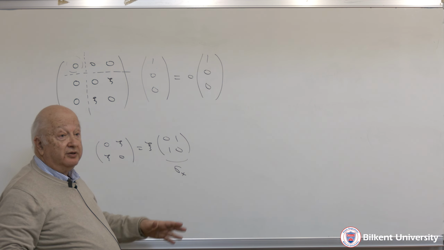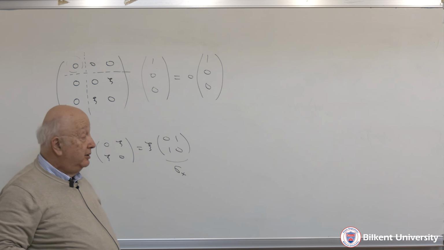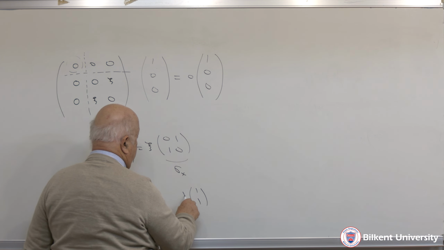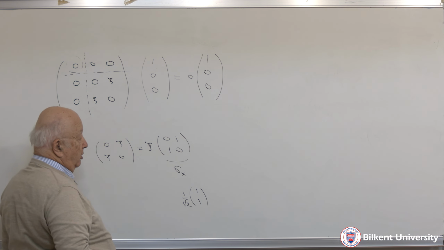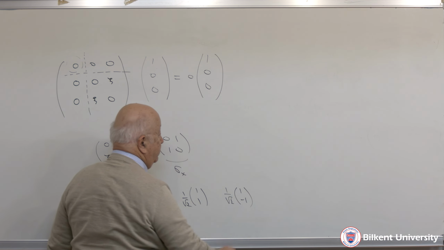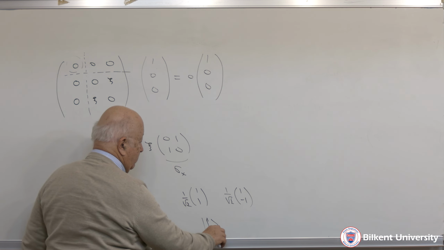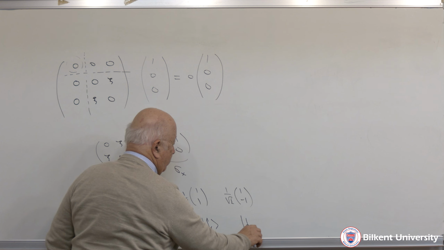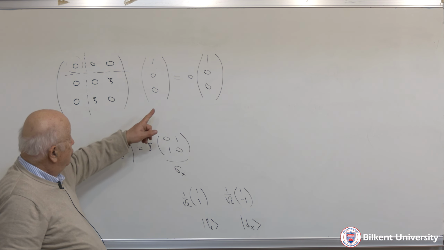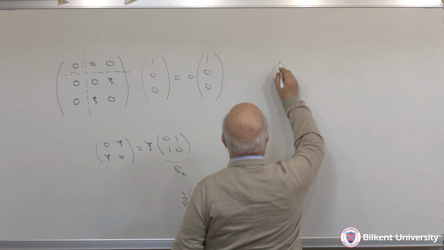Those are the eigenvectors of sigma x. One eigenvector will be 1 over root 2 times (1, 1), and the other will be 1 over root 2 times (1, minus 1). These are, remember, the x up and x down eigenvectors.